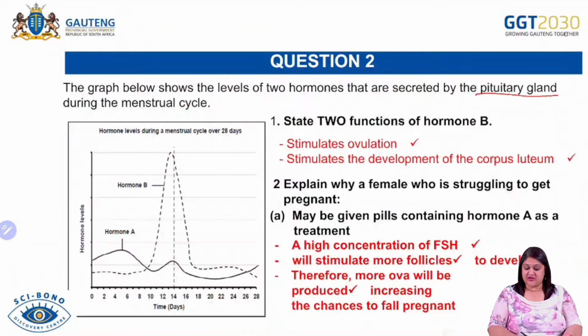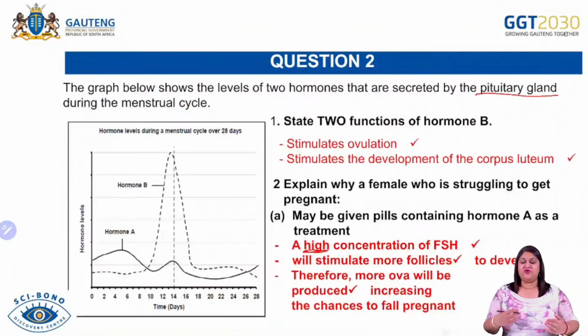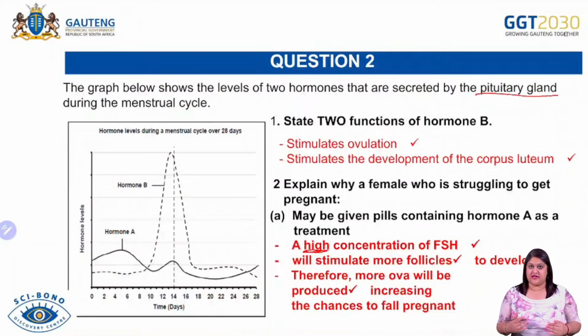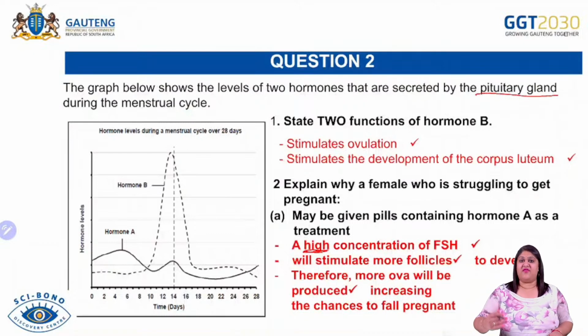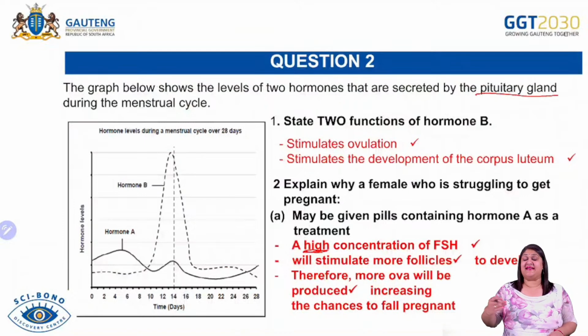So we have a high concentration of FSH to stimulate more follicles, therefore more ova will be produced. The key word here is high. When you're talking about hormones, you always need to say whether they are high, low, increasing, decreasing, or staying the same. Because remember, these hormones are being secreted, so when you're explaining any event, you need to talk about what is happening more or less.